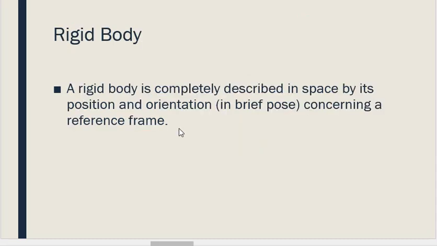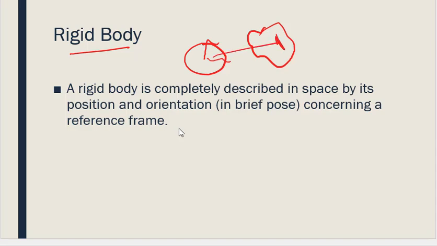Rigid body. We know the rigid body is the same distance between points, but the shape can change while the distance remains the same.